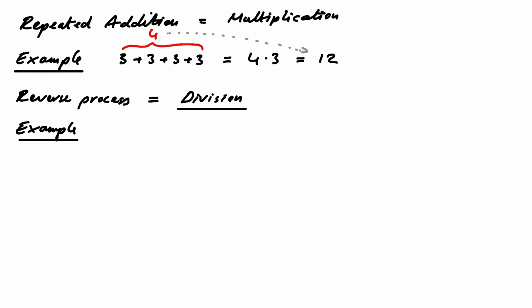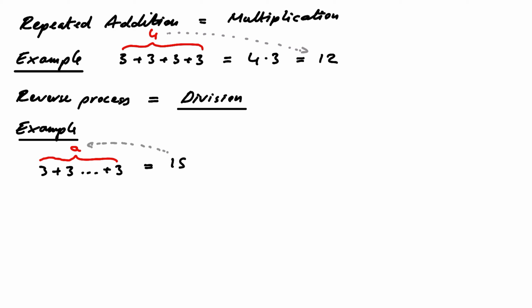Imagine I'm adding 3 to itself some number of times. I don't know exactly how many, but let's label this a times, where a is some positive whole number, and let's imagine this is equal to 15. The reverse of this is asking, how do I go backwards?